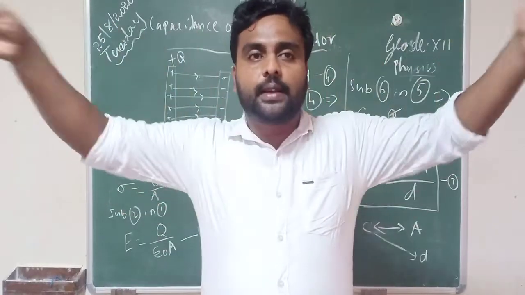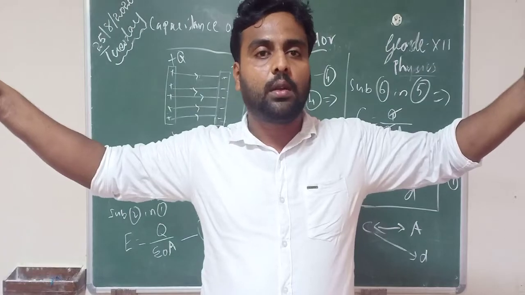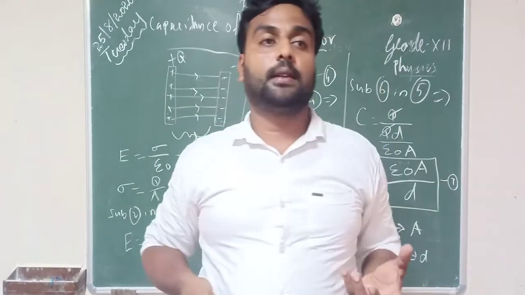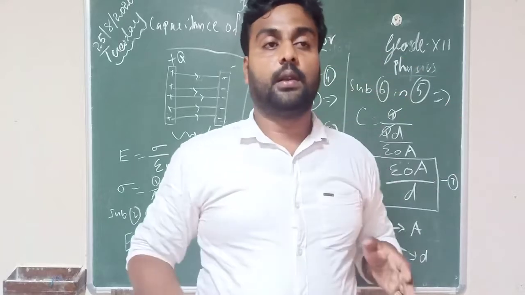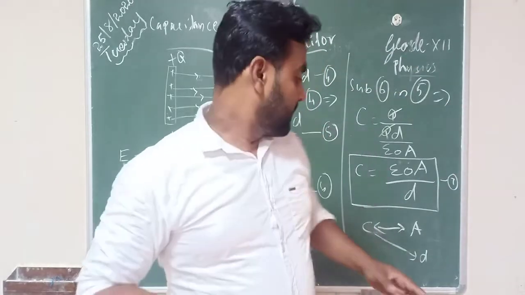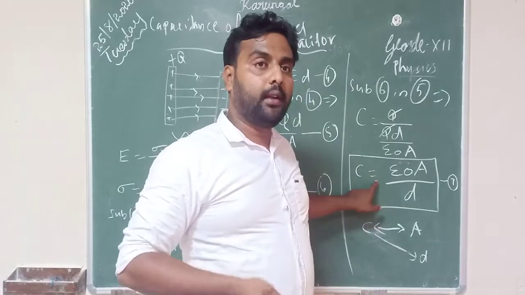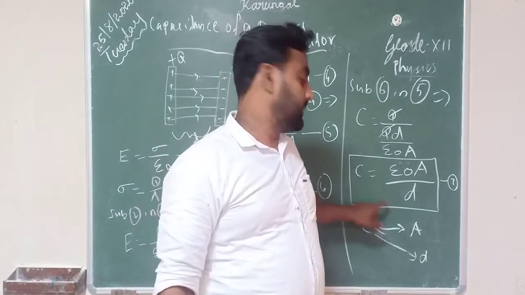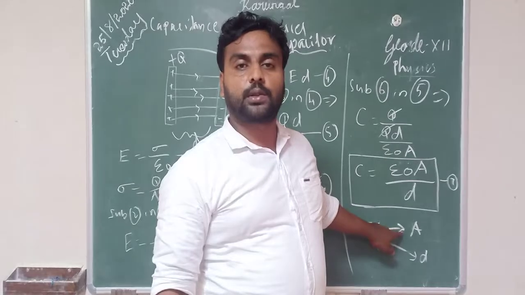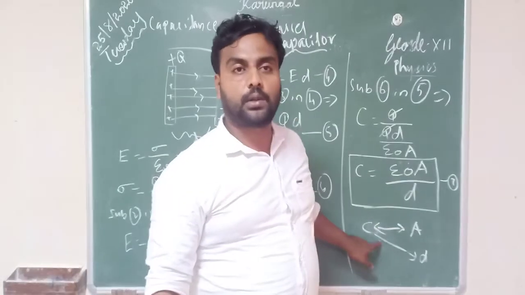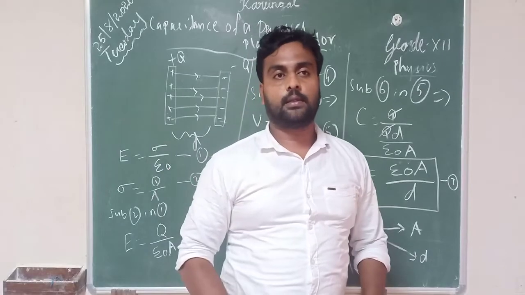If the two plate distance is more, then the capacitance, the ability to store charge, will be less. So capacitance is directly proportional to area and inversely proportional to distance.